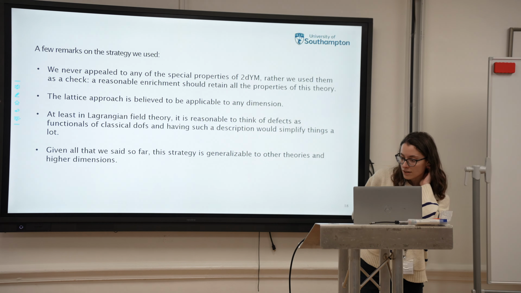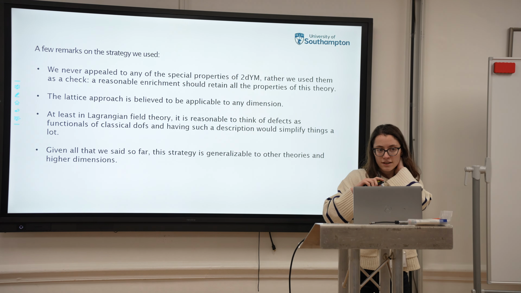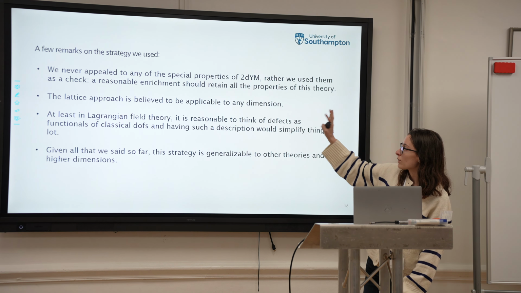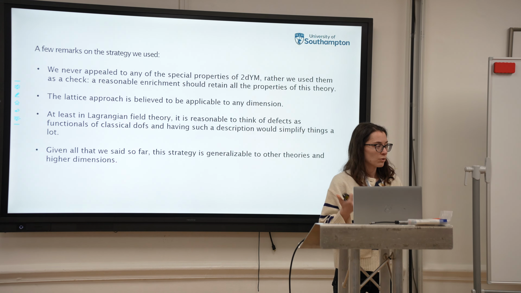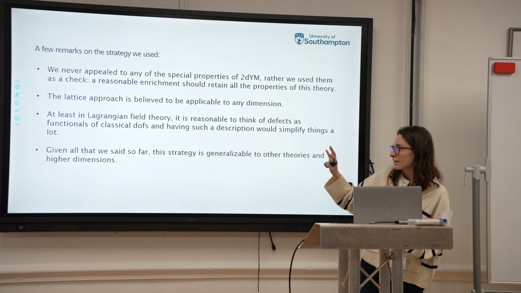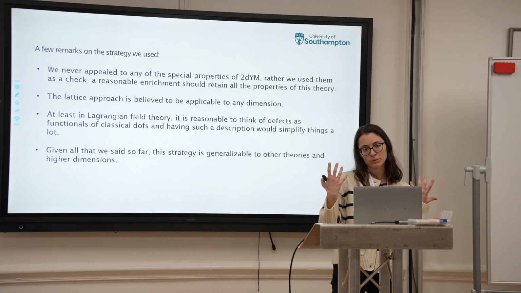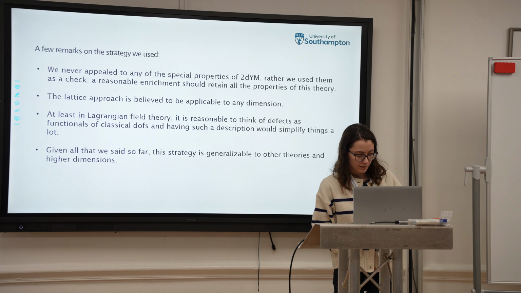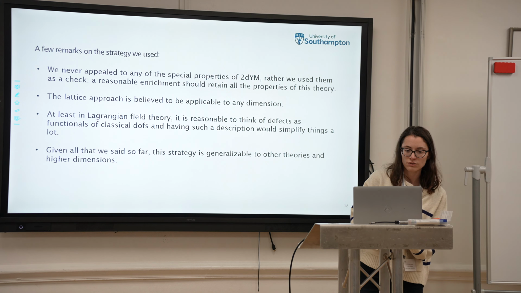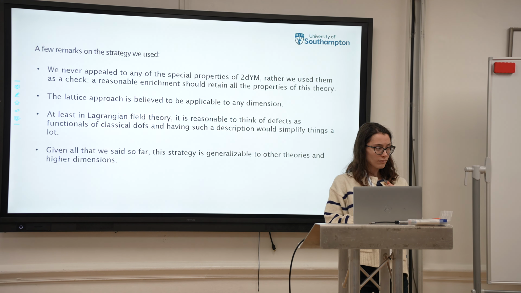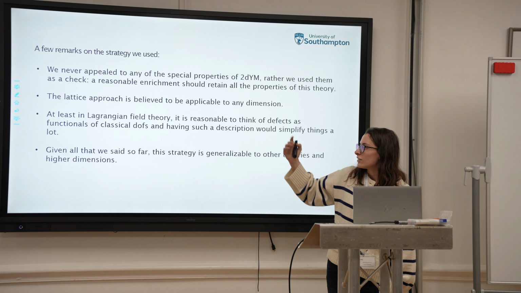The last remark I wanted to make is that, again, we never appeal to any of the special properties of 2D elements. We just use them as checks. Moreover, we were in a lattice framework, but the lattice approach is believed to be applicable to any dimensions. And this way of describing defects as functionals of classical degrees of freedom simplifies things a lot, and it's intuitive, right?